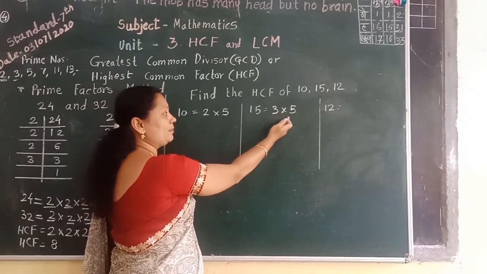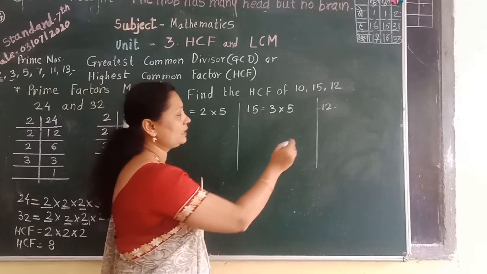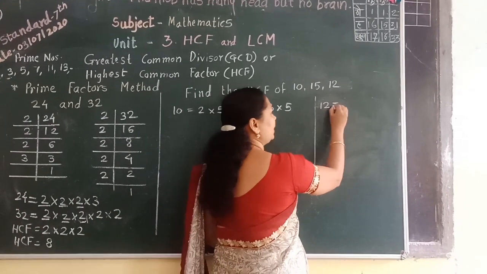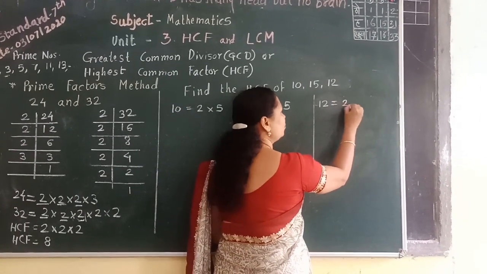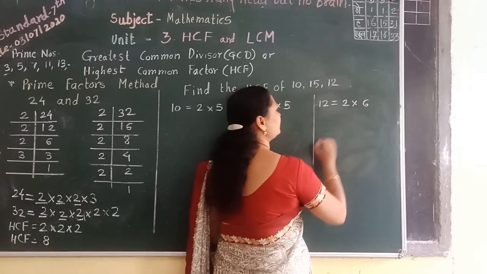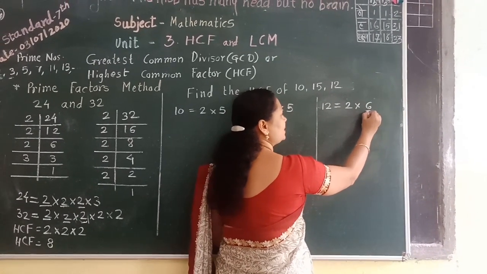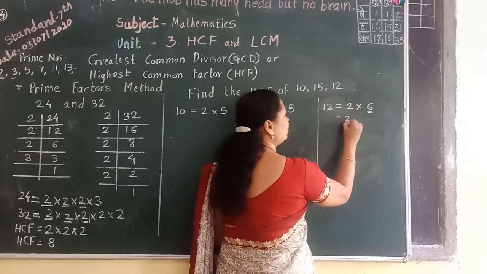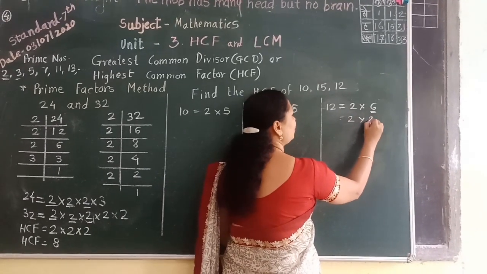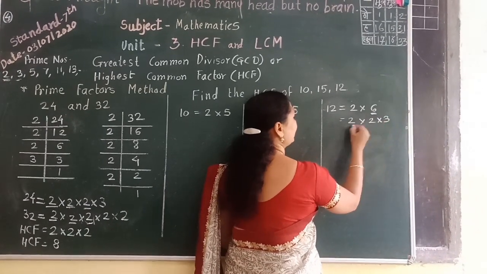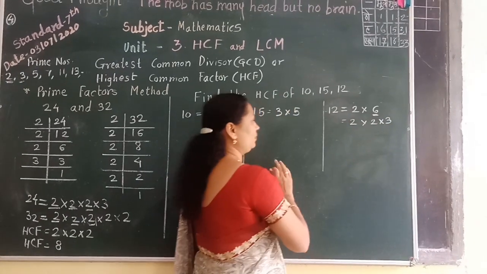Both are prime numbers, so these are prime factors. Now 12 is equal to 2 into 6. Now the factors of 6 are 2 into 3. These are the factors of 12.